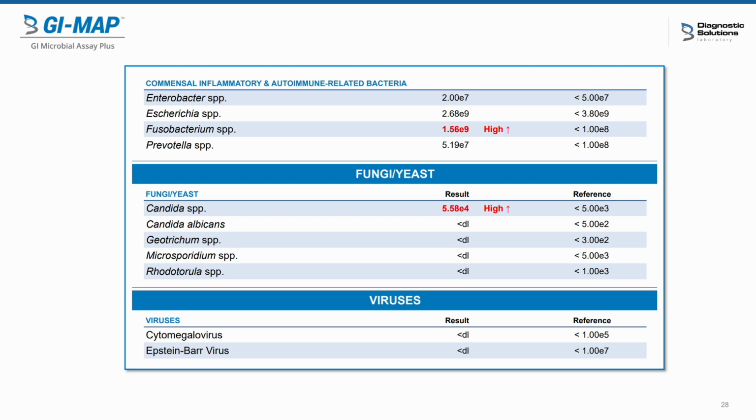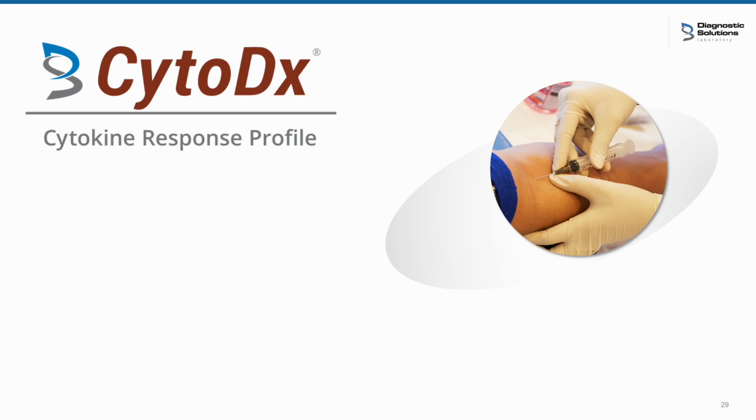Now I want to show you this great test we have. It's called CytoDX, and it measures cytokines or inflammatory markers in the blood. So this is an advanced test, and it gives you an individualized inflammatory assessment. So like I said before, between individuals, you will see different immunology or different immune changes, even within the same medical condition.